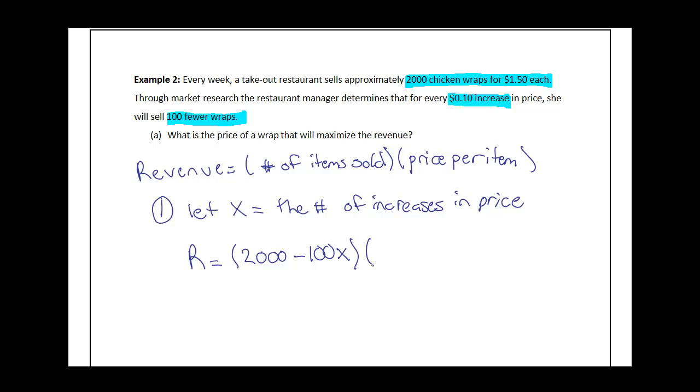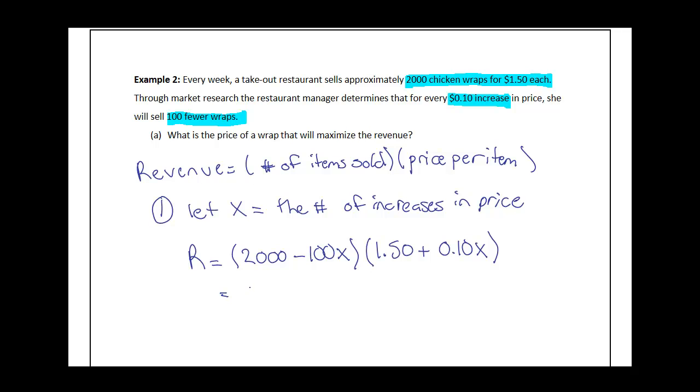And that is multiplied by the price per item, which is $1.50 each, plus that 10-cent increase for however many increases there are. So now we have an equation that represents the revenue: the number of items sold times the price per item. From here, we can distribute and solve for x.